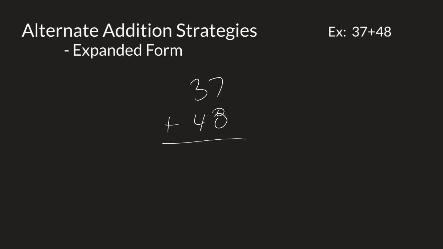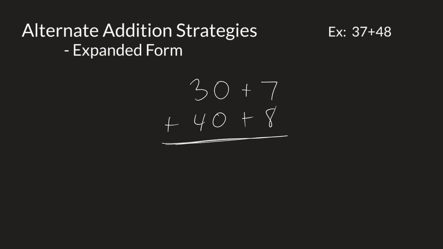What do I mean by that? If we took 37 as 30 plus 7, and if we take 48 as 40 plus 8, that would also be a true statement.